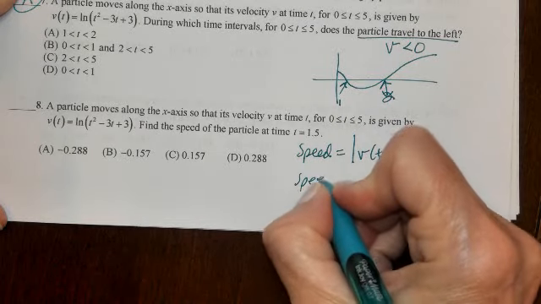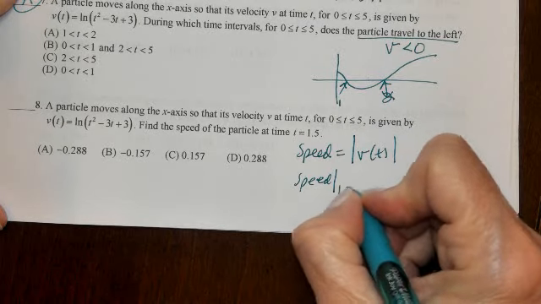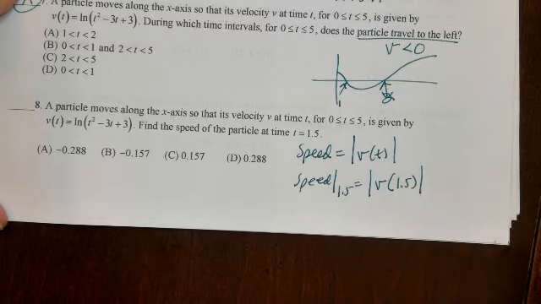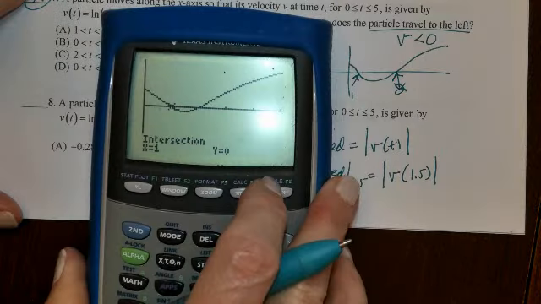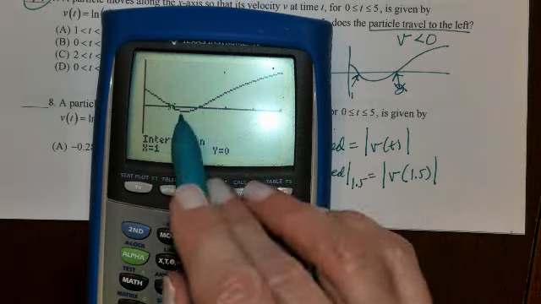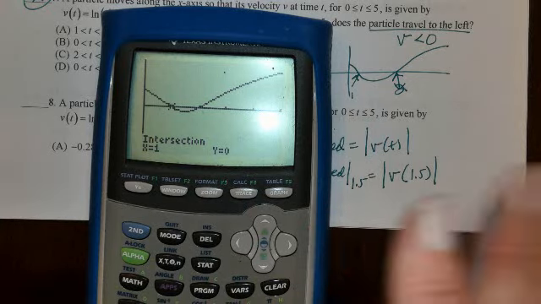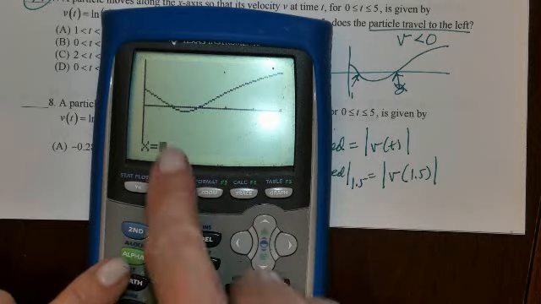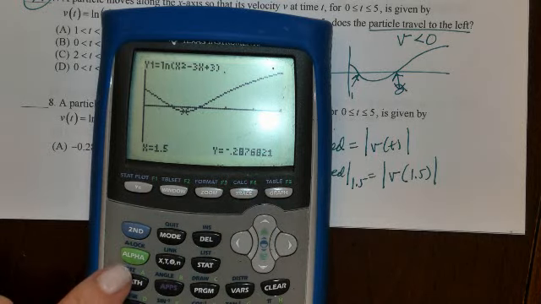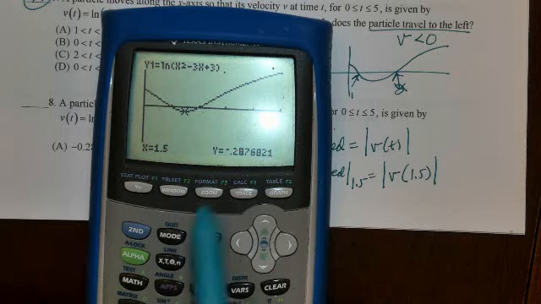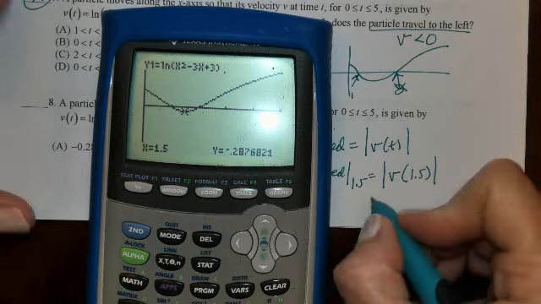So speed at 1.5 will be the absolute value of the velocity at 1.5. I guess I could do it right here. Since I'm on the graph, I might as well just do it. Second calc value at x equals 1.5. There's the value, and I just need to take the absolute value of that value.